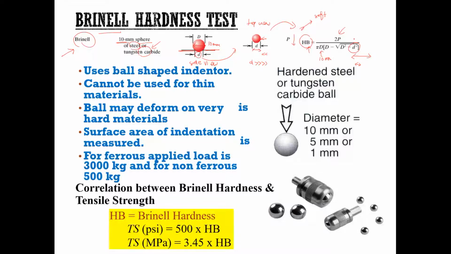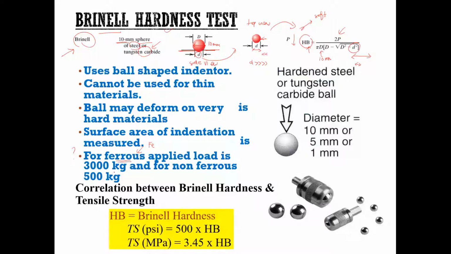Alright, so what are the other things that we need to know when we do the hardness testing? Here we have some guidelines in choosing the load that we want to apply. If our material is a ferrous material, what does that mean? Any material that contains an Fe element, or iron element.